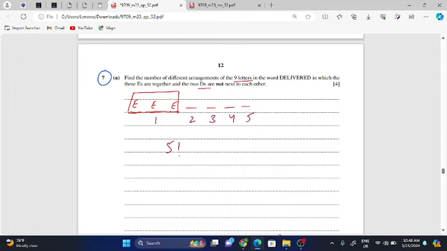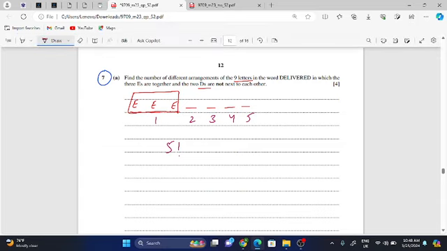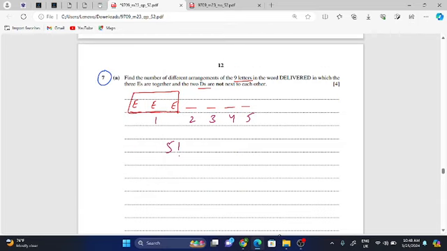Now, no 2 D's together. It means that I have to make a separation between these. For example, D is lying here, here, maybe here, maybe here, maybe here, and maybe here. These hats basically show the combinations for the D's.